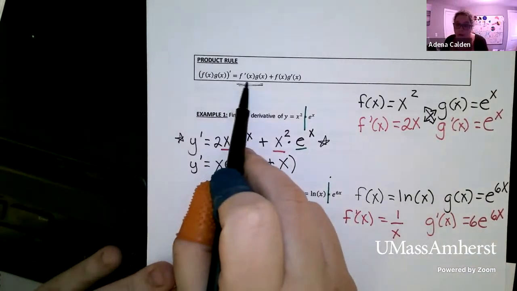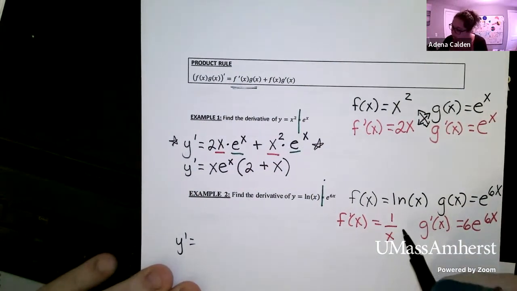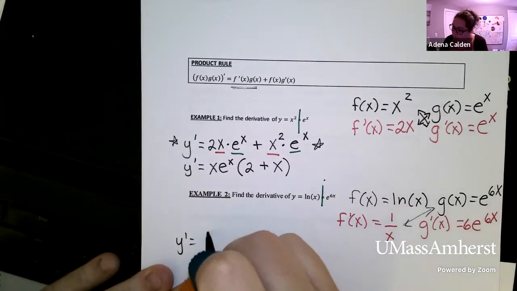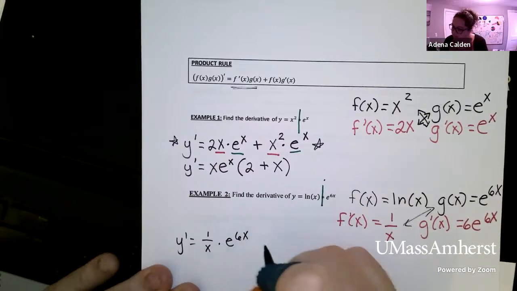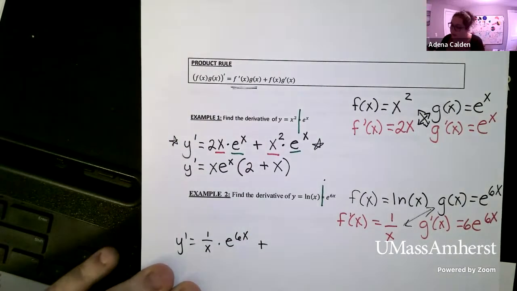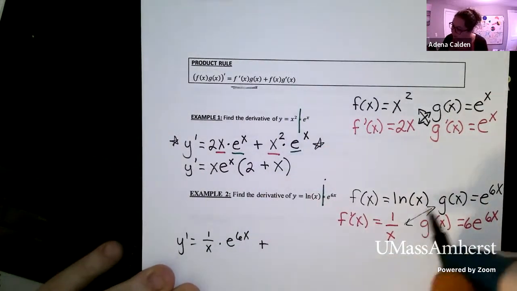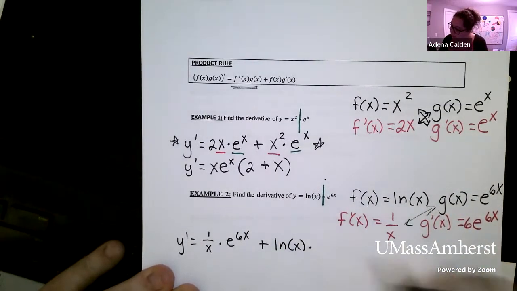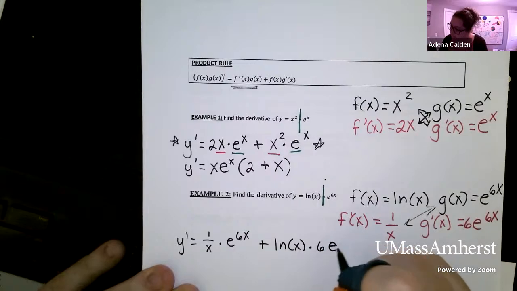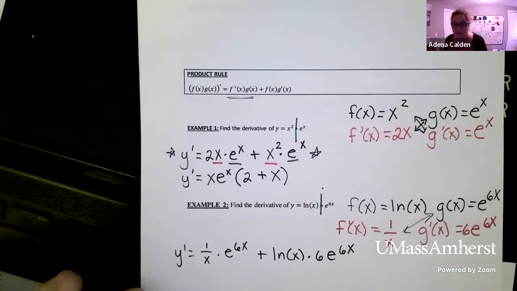So again, we're going to do f prime times g. So here we have 1 over x times e to the 6x plus f of x times g prime of x. So we're going to multiply this way. So natural log of x times 6e to the 6x.